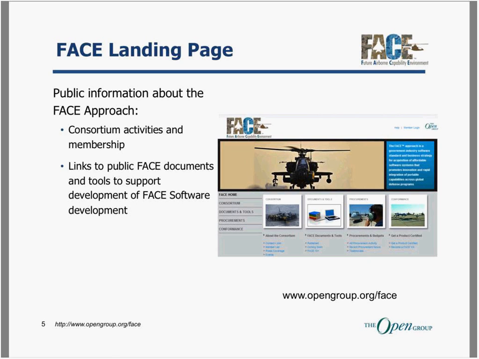In addition to that, we have some of the conformance policy documents, performance guidance documents, information about library requirements, and information about business guidance, as well as the FACE contract guide, which will enable customers to find information about how to procure FACE conformant software, and suppliers to find information about how to put contract language together to offer FACE conformant software in response to an RFI or an RFP.